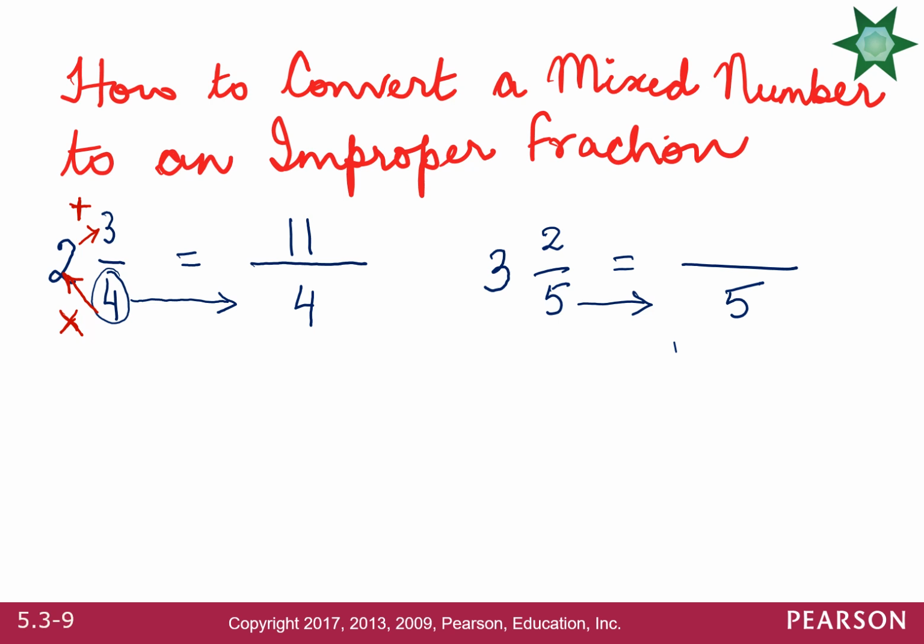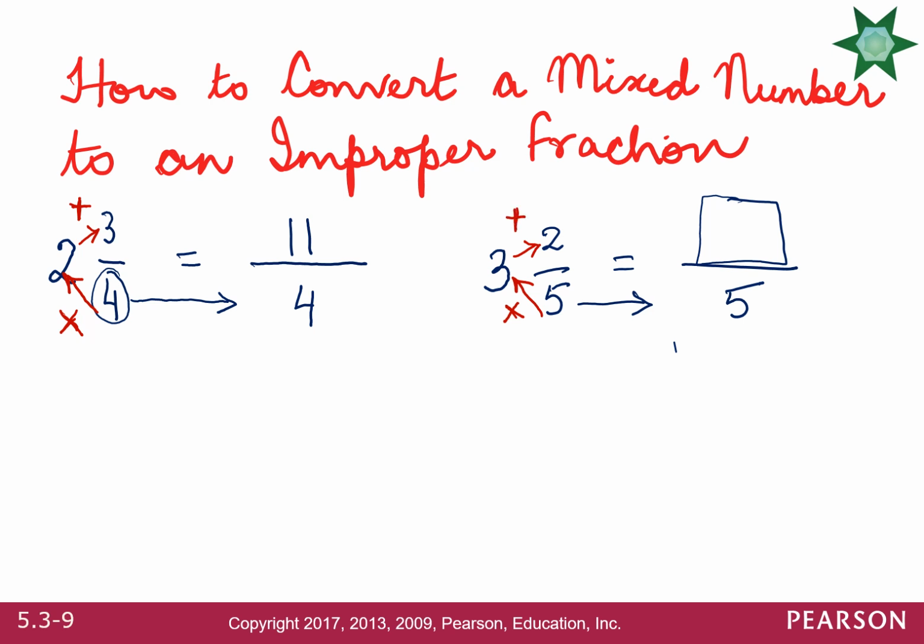To come up with the value in the numerator, we multiply the denominator with the integer value, 5 with 3, and then add the value in the numerator, 2, to the product.